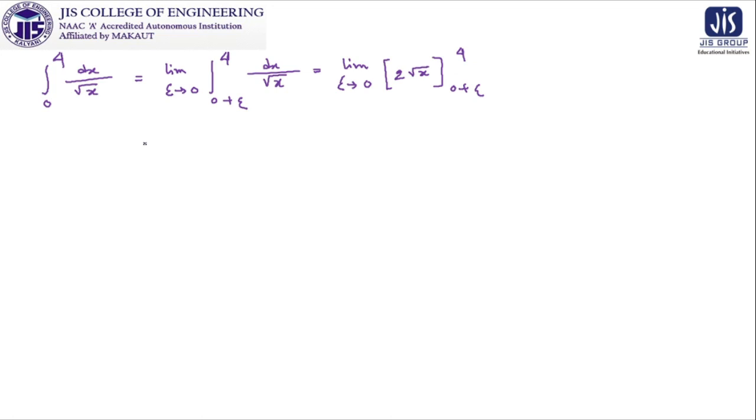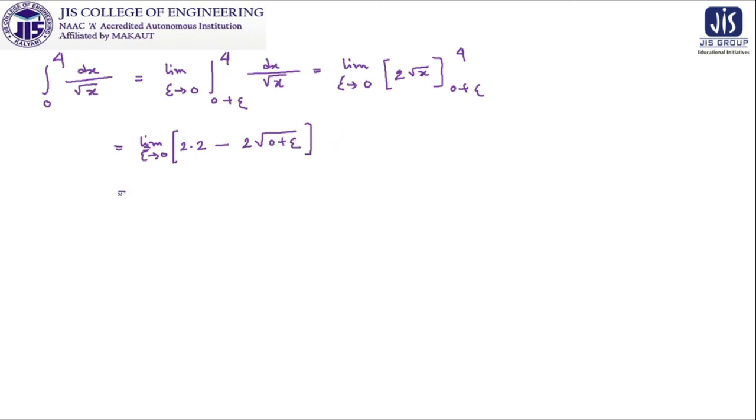So in the next line what we can write, putting the value of 4 here, it will be 2 into 2, minus 2 root over 0 plus epsilon, where limit epsilon tends to 0, it was coming from here.